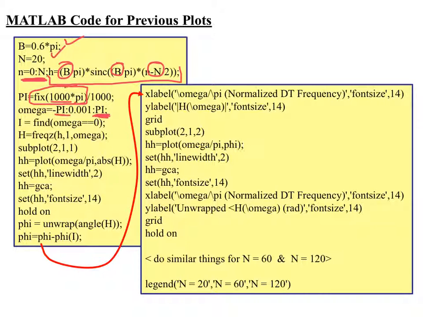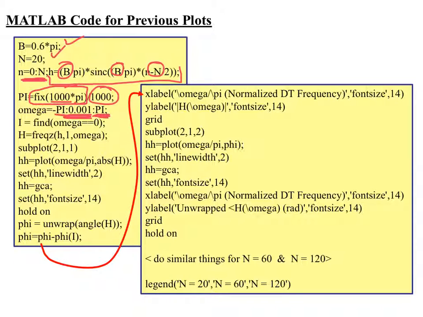Fix just truncates the value to the next integer down. And then I divide by 1,000. So basically, what I've done is I've rounded pi to the nearest 1,000th decimal place. And there's a reason that I do that. Then I step by a jump of 0.001.